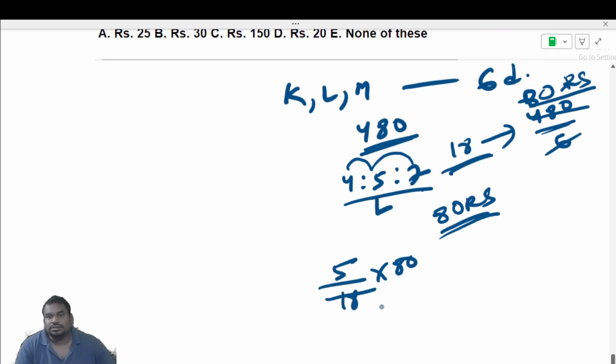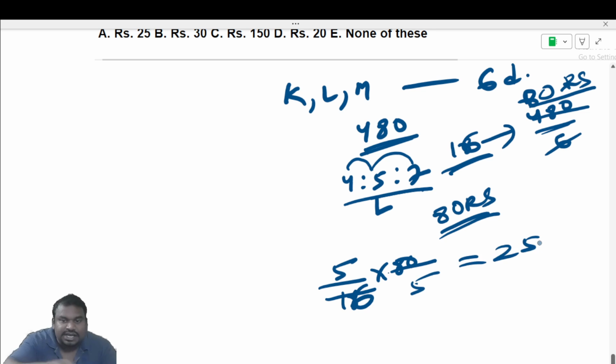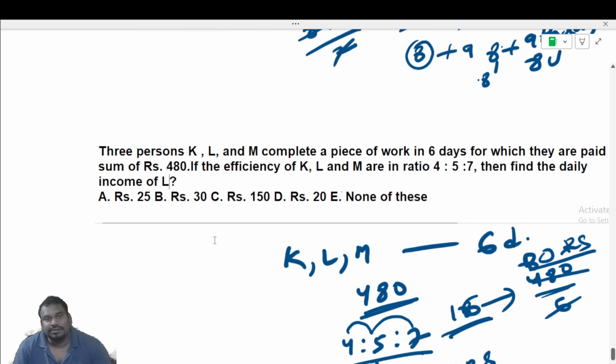Not 18, 4 plus 5 plus 7 is 16, sorry. I got a doubt that it's not getting divided, so I understood there is a mistake. So 16 5s are 80, and 5 5s are 25. So 25 is the amount obtained by L per day.